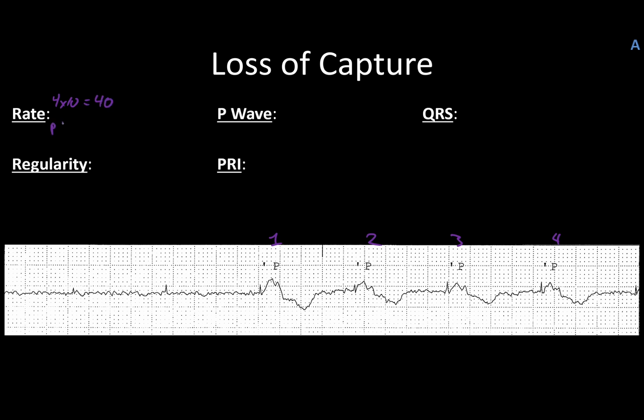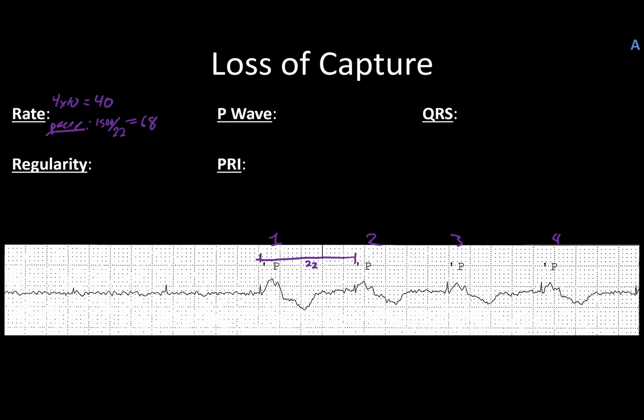But our pacer is set to, that one comes out to right at about 22. Gives us 68. So we've got a pacemaker that's set for 68, but we only have 4 beats on the screen, or 40, for my heart rate that's on the screen.